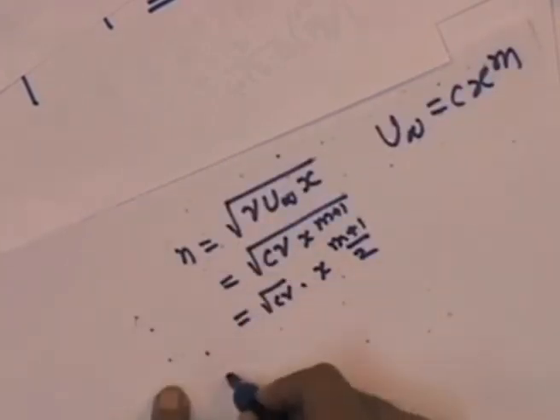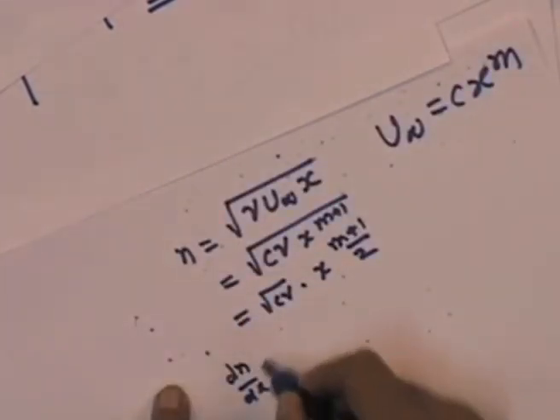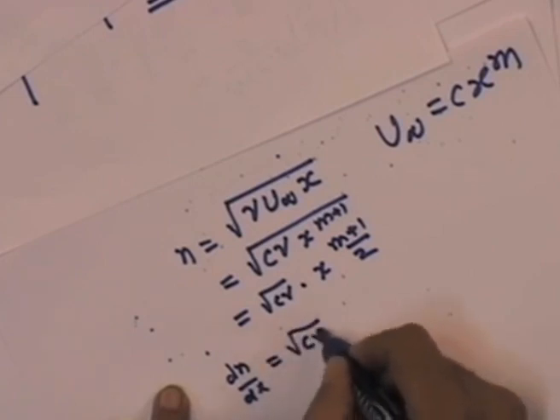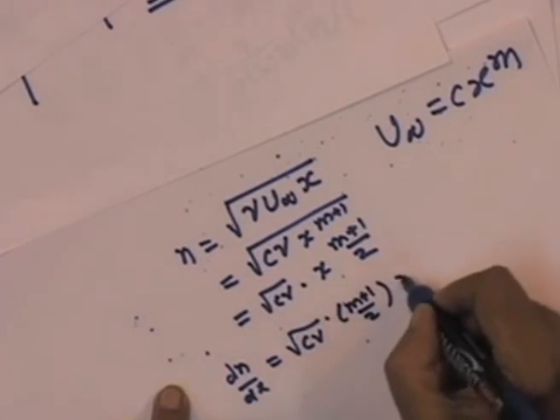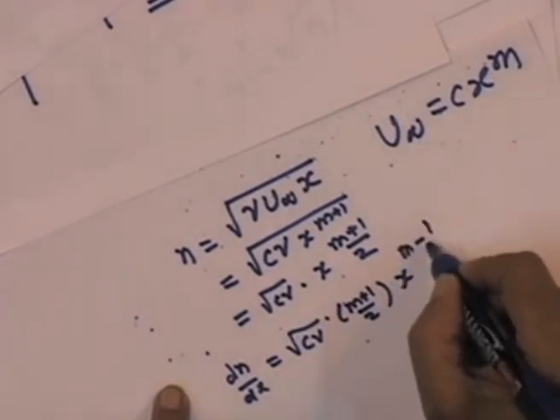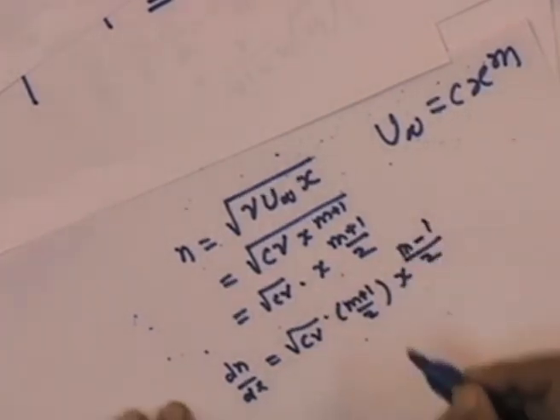That is n. dn by dx therefore, will be under root C nu into m plus 1 by 2 into x raised to m minus 1 by 2.